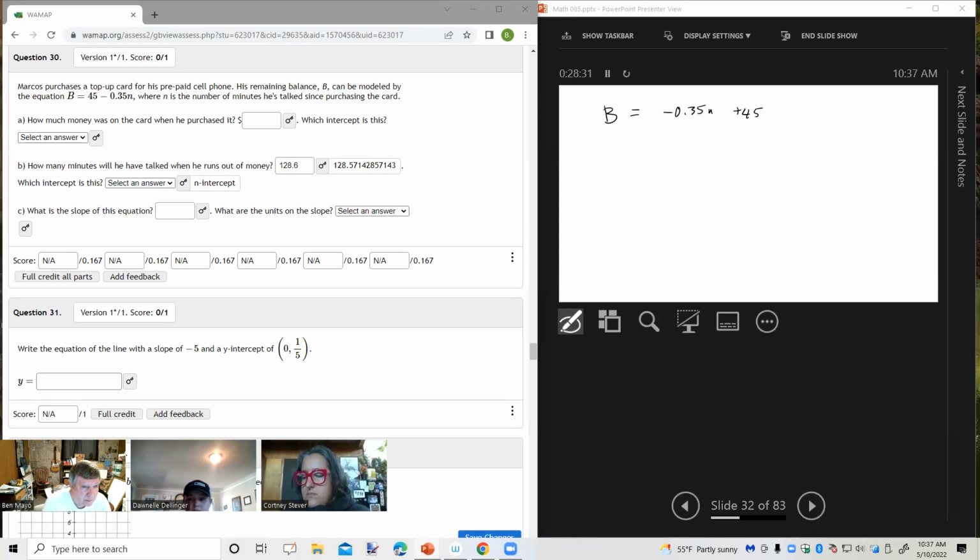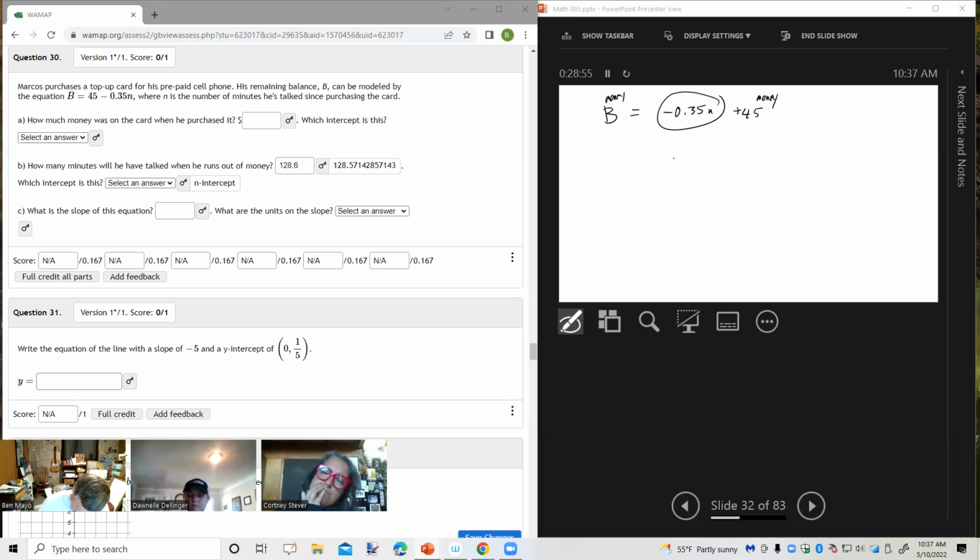It's meaning balance, so it's money. All right. And $45 is money. So this ultimately has to be money, but if it's minutes, let's see, oh wait, N is number of minutes, right?